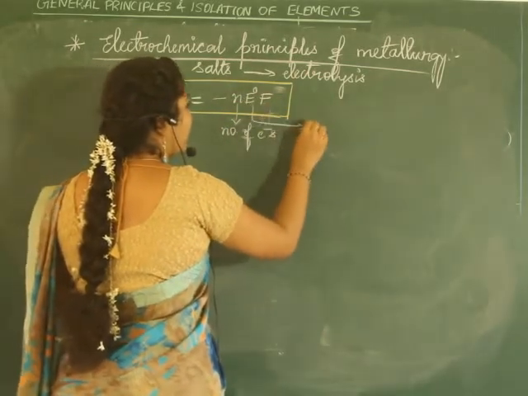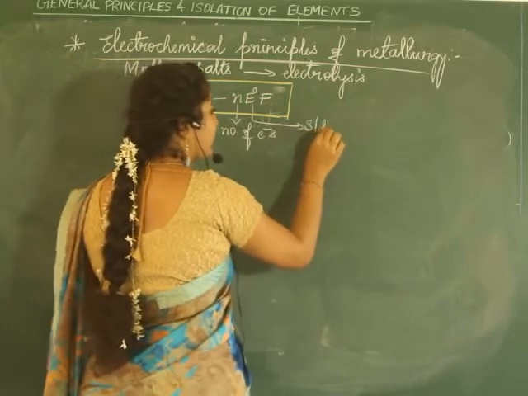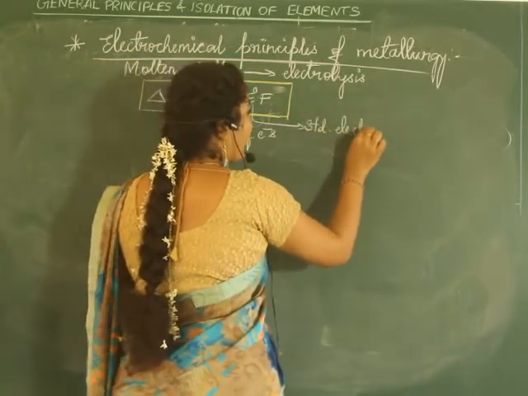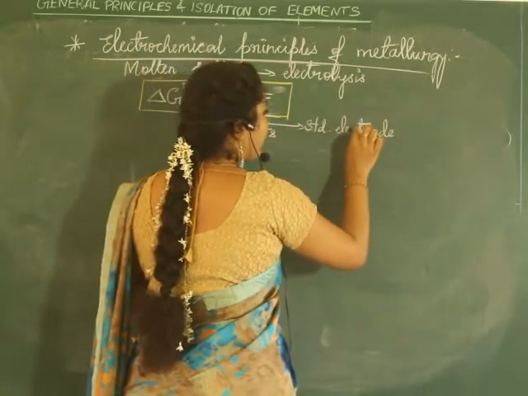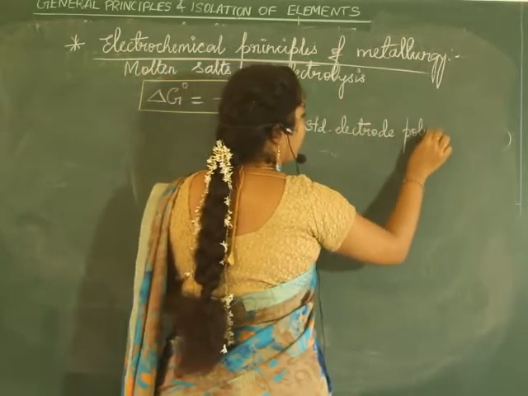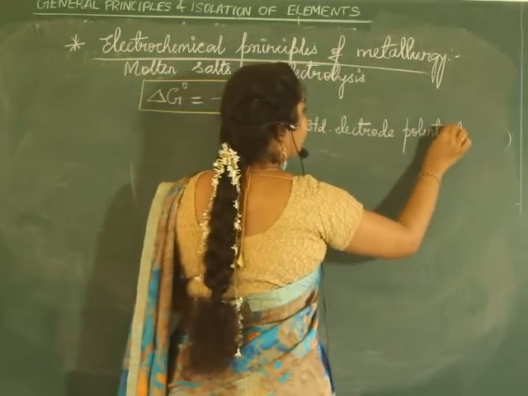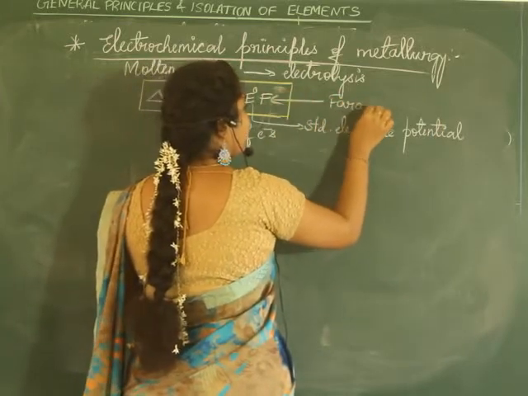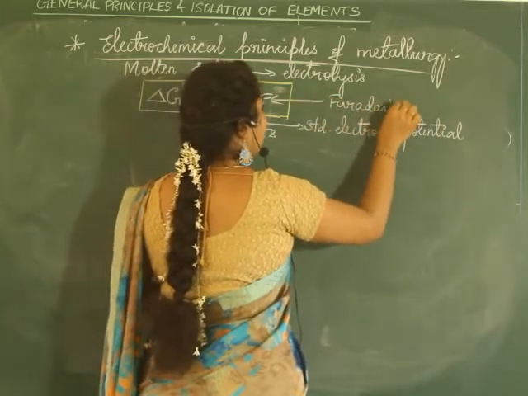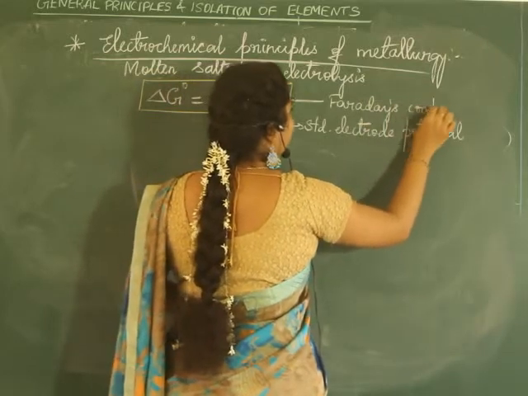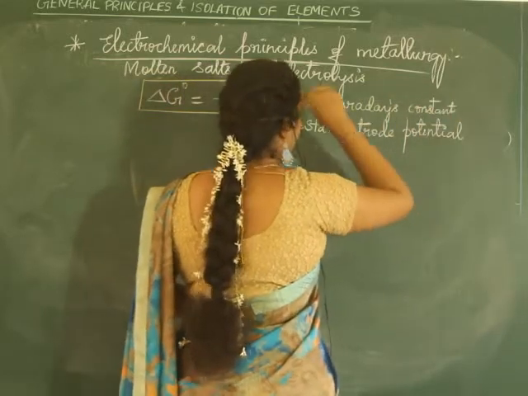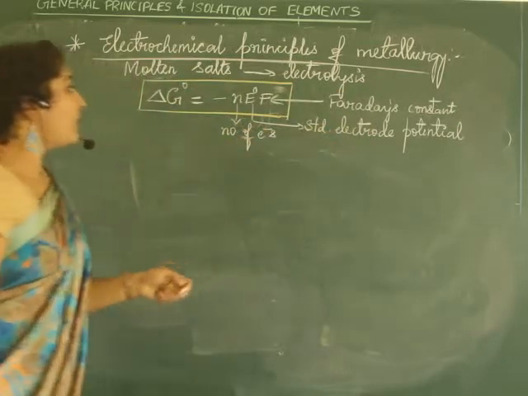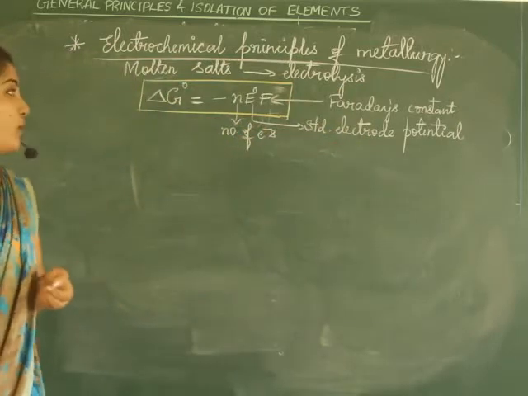E naught is the standard electrode potential. F is Faraday's constant.